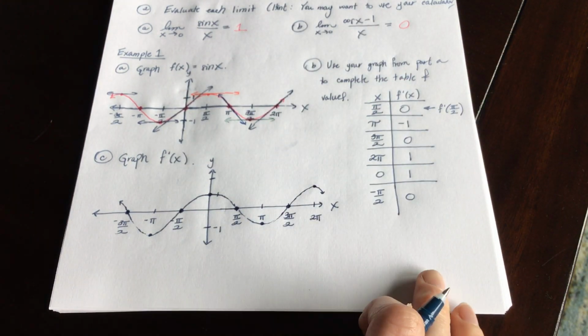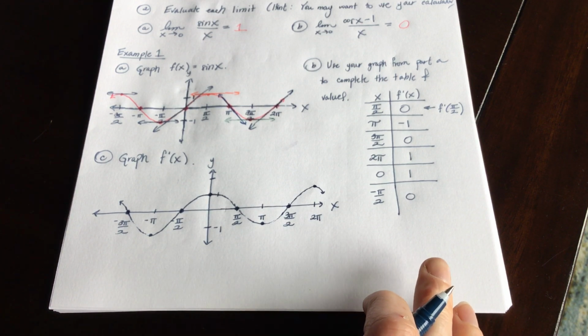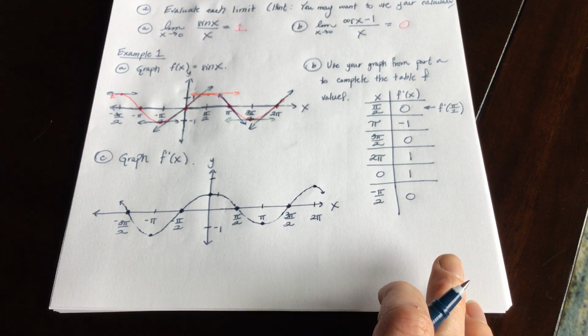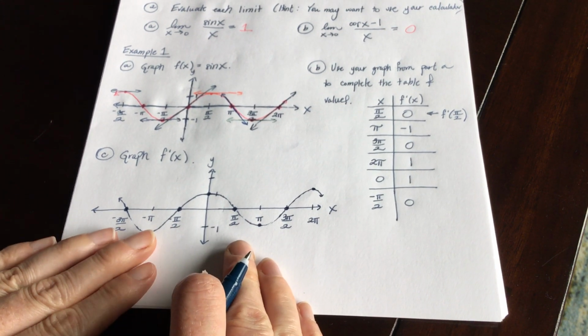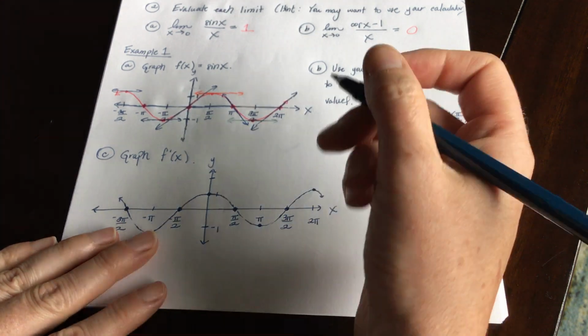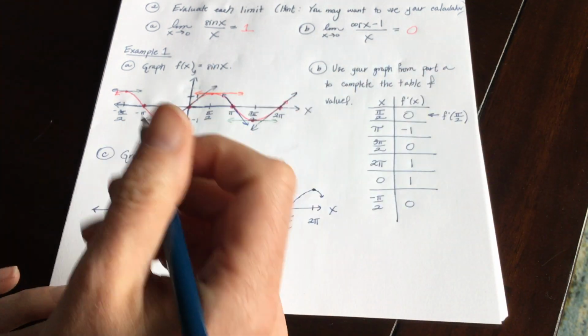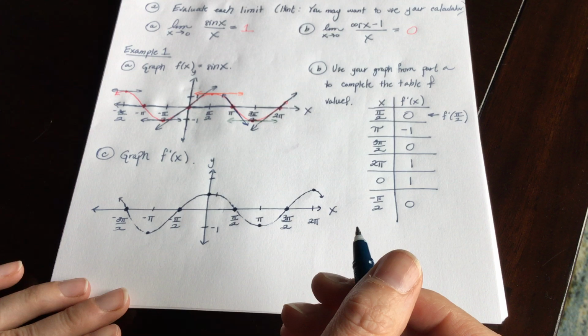And my friends, this is certainly not a proof, but we can certainly prove this pretty darn soon. But if you fill this in, what does this graph look like? It looks a whole lot like the graph of cosine of x.